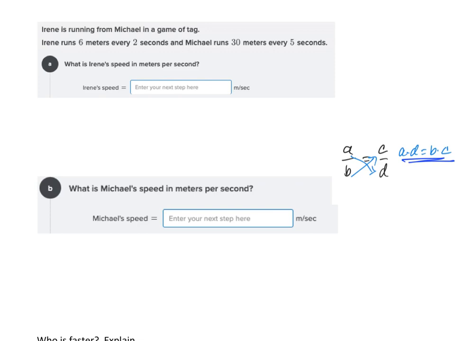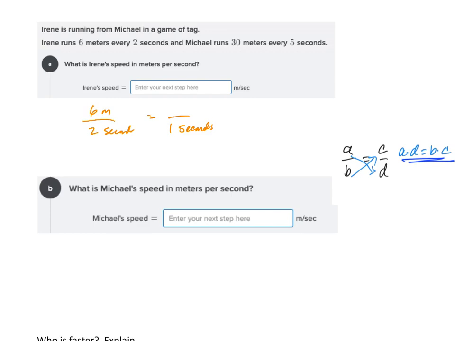So basically, we're just setting up this proportion that for Irene, she moves 6 meters in 2 seconds. And we're trying to figure out the unit rate, so we're going to figure out how many meters will she move in 1 second.